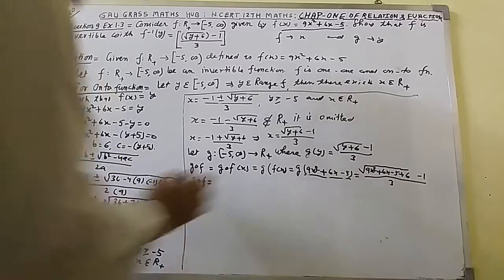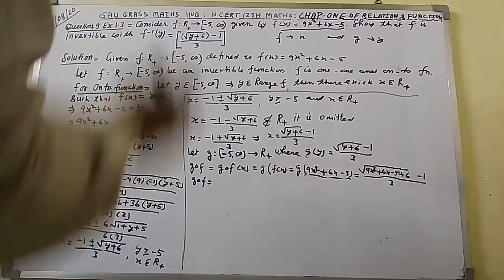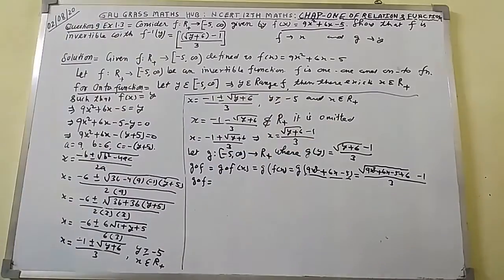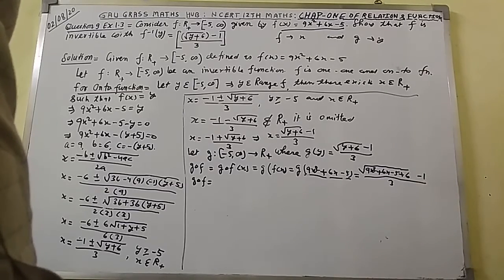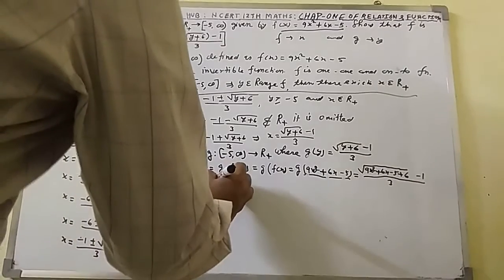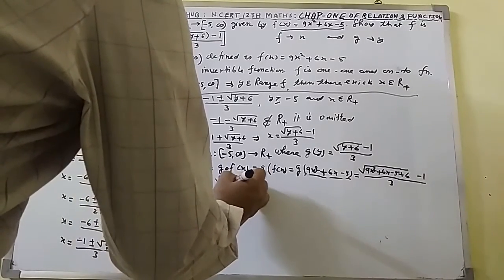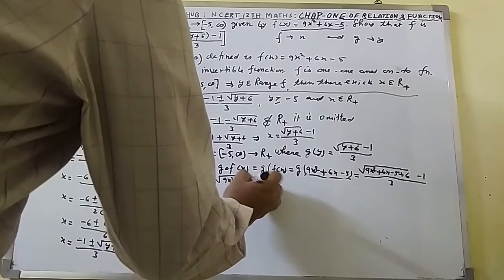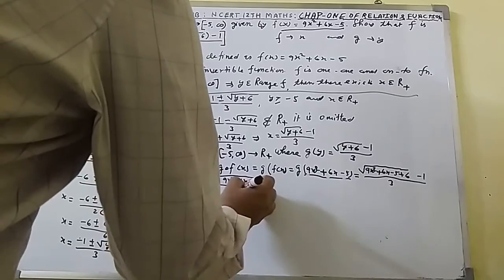g o f equals, now solve this one. On solving this we will get under root 9x square plus 6x plus 1, minus 1, whole over 3.